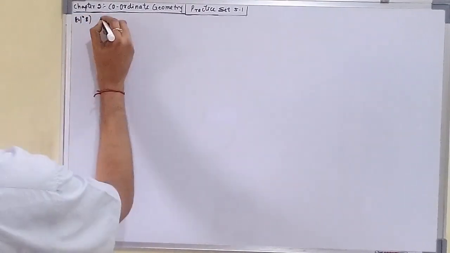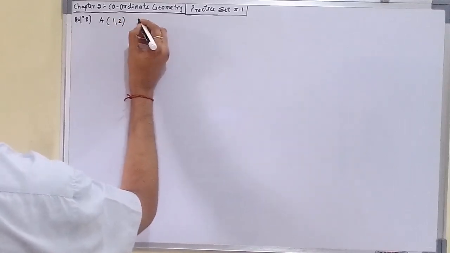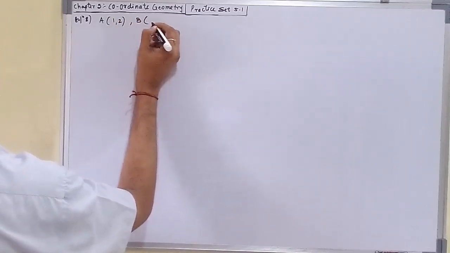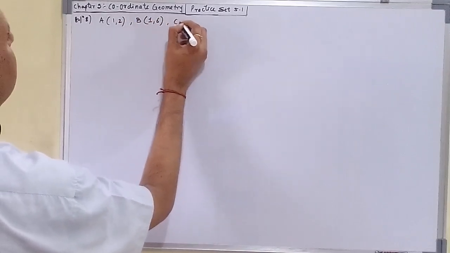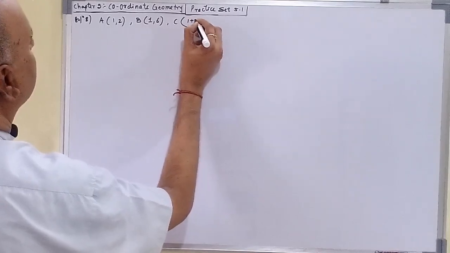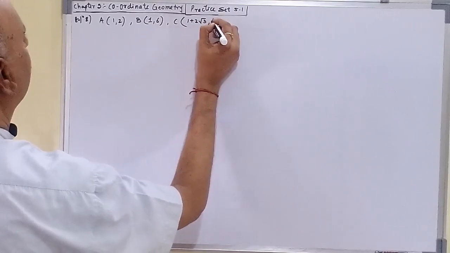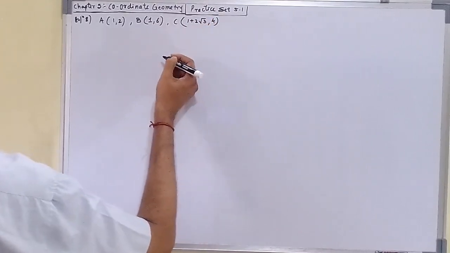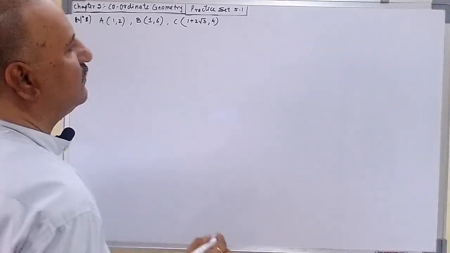They have given A (1, 2), B (1, 6), C (1 plus 2√3, 4). This is a good question. Show that the triangle is equilateral.